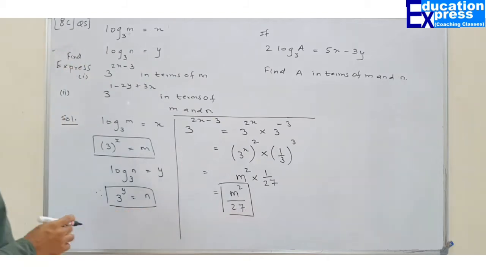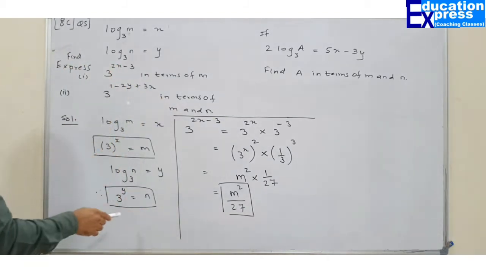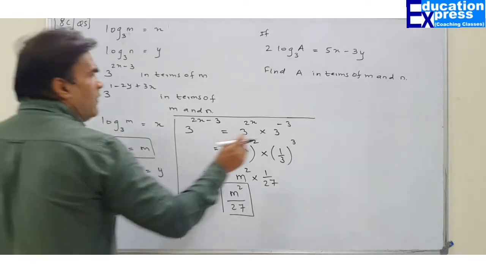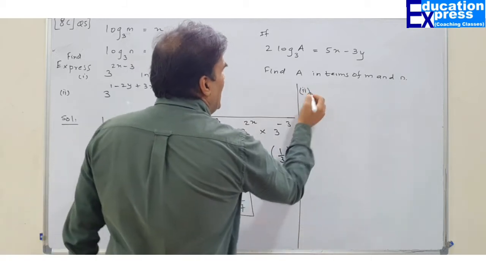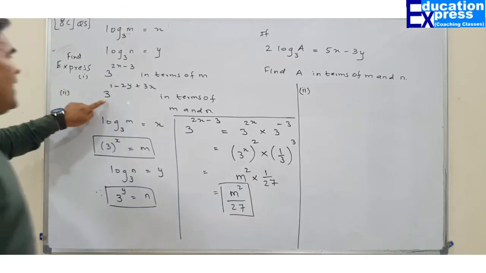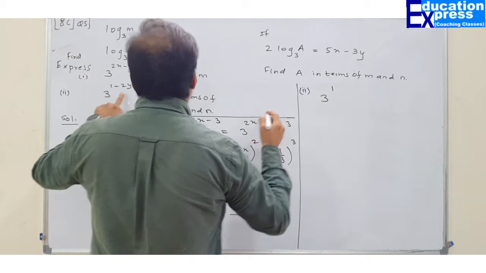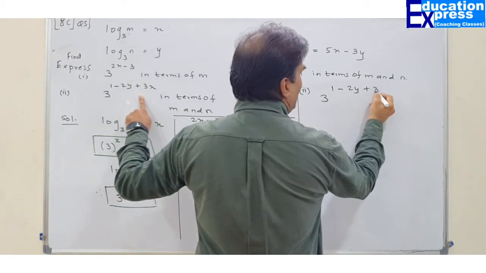Absolutely perfect. Now, just as we have done this question, in exactly the same way we can also do the second part. Have a look over here at the second part. It says express, which means find. Find the value of 3 raised to 1 minus 2y plus 3x.